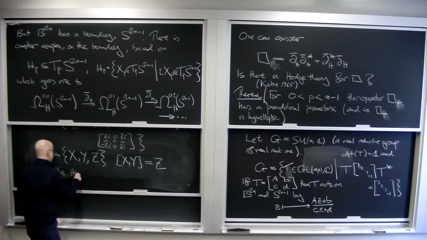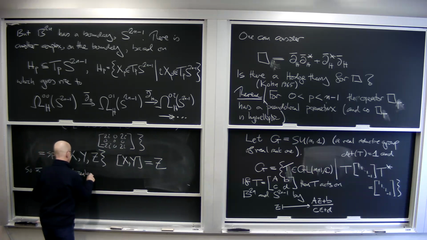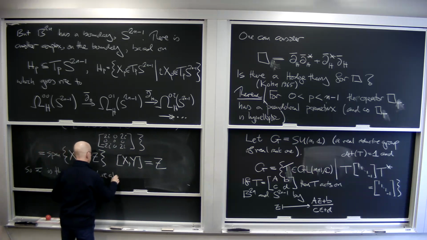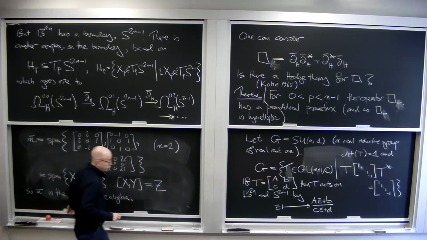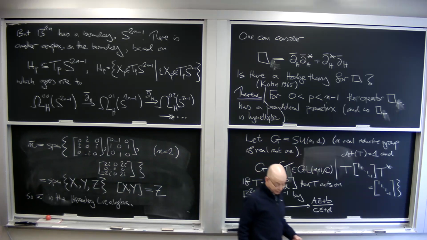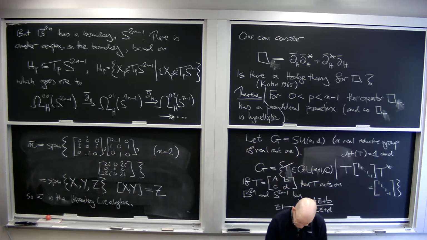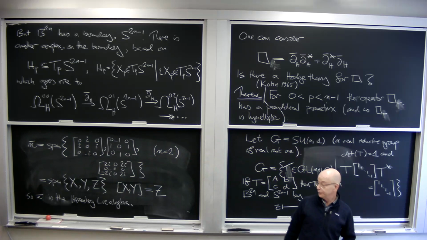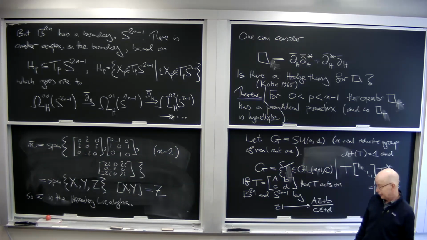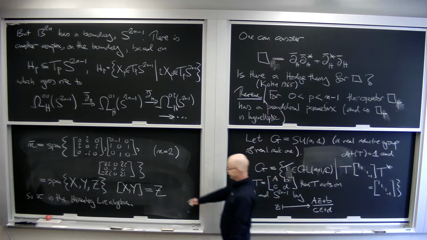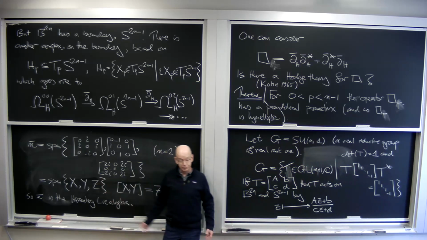So this thing is the notorious Heisenberg Lie algebra. And the same thing is true in any dimension. You don't have to multiply matrices to check that. You can argue using root systems that it has to be the Heisenberg Lie algebra. It's quite easy. But this is what it is in this particular case.